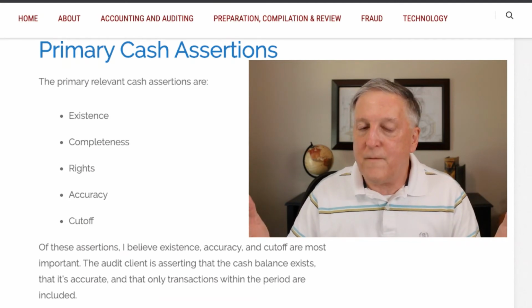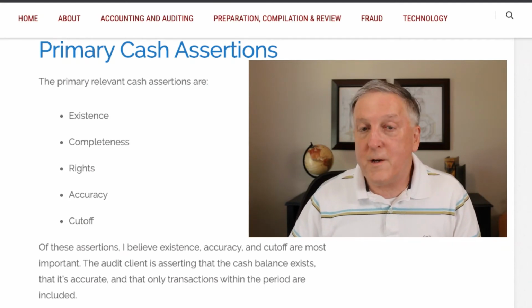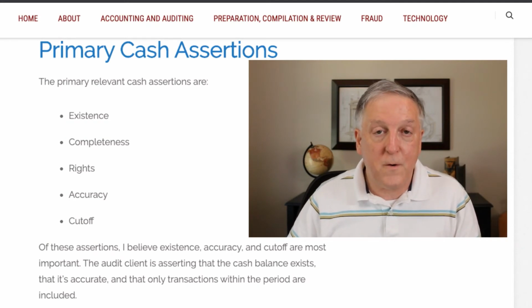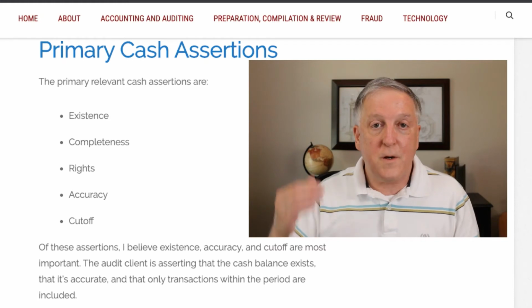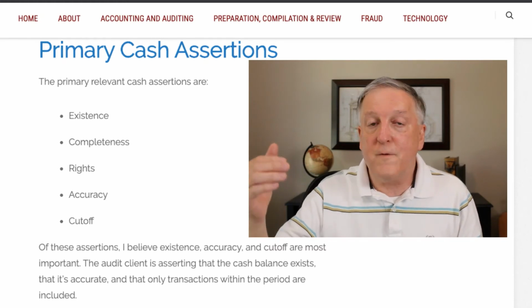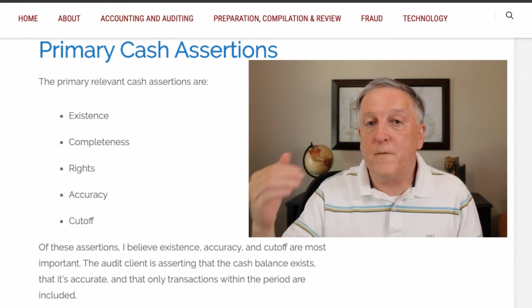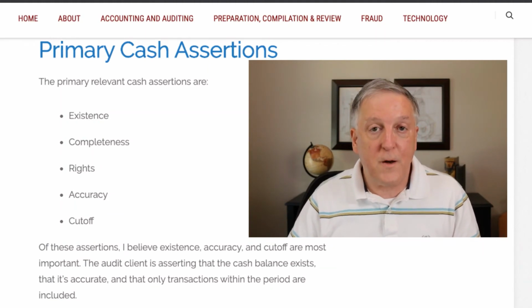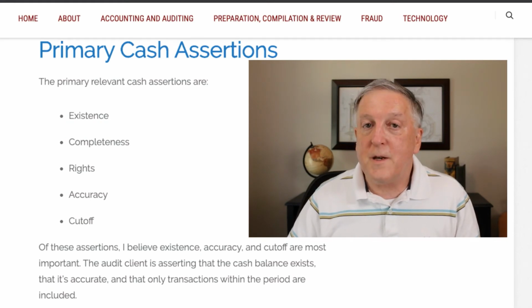These seem to conflict, and they really do. But there's two different things we're considering here. With existence, we're concerned that they're intentionally overstating cash, overstating that asset to make their balance sheet look better than it is. With completeness, it's a different issue. It's the issue of potential theft.